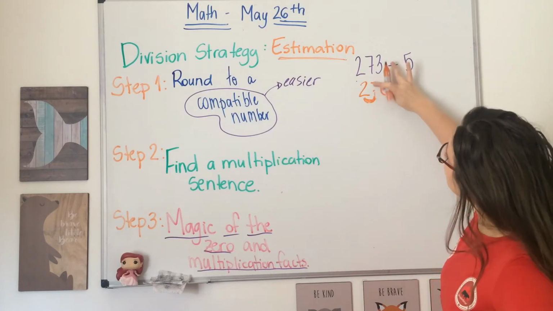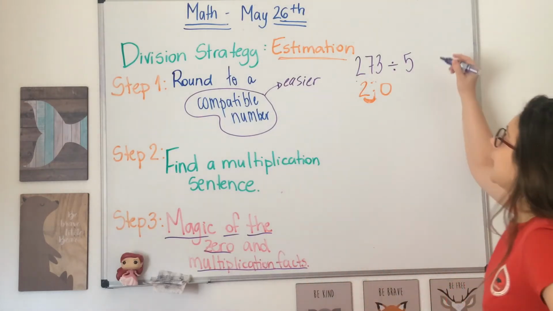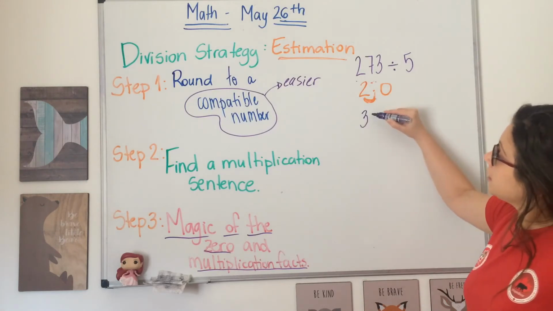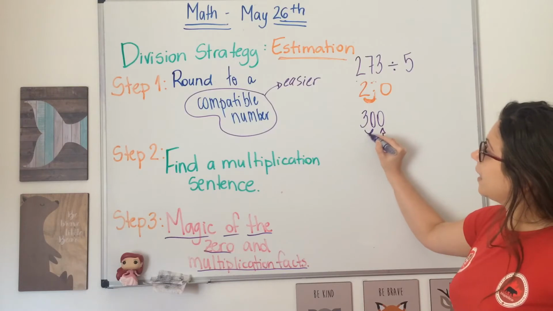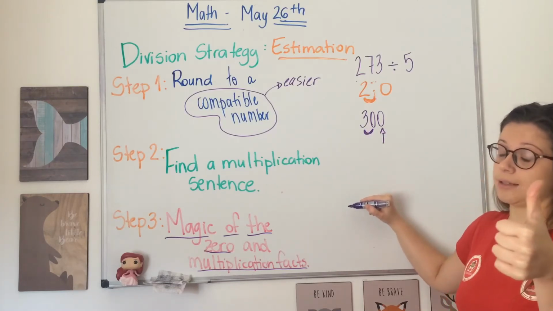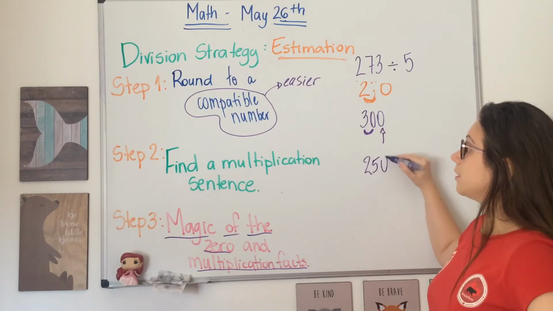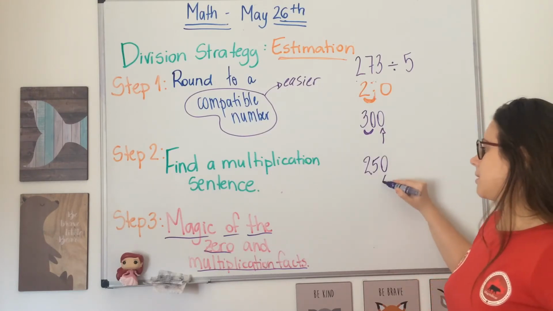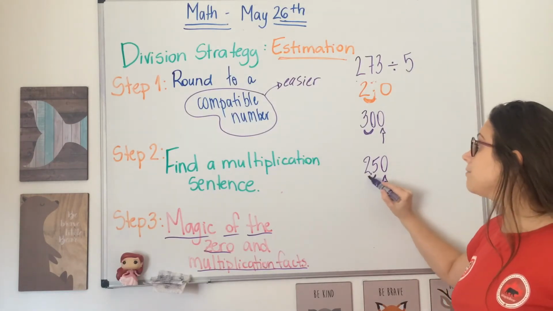So I have two options thinking about the multiples of 5. I could go to 300 because then I have the magic of the zero, and 30 is a multiple of 5, 6 times 5. Or I could go to 250. There is the magic of the zero, and 5 times 5 is 25.